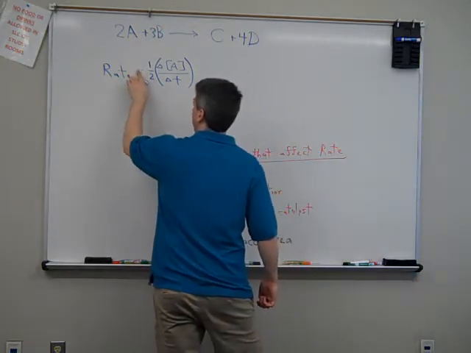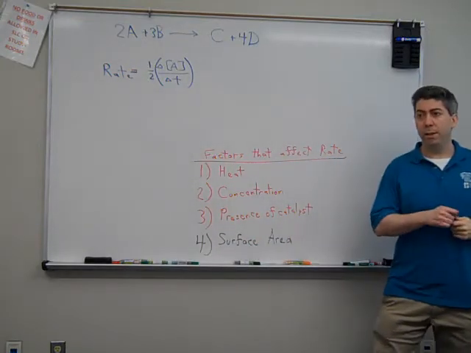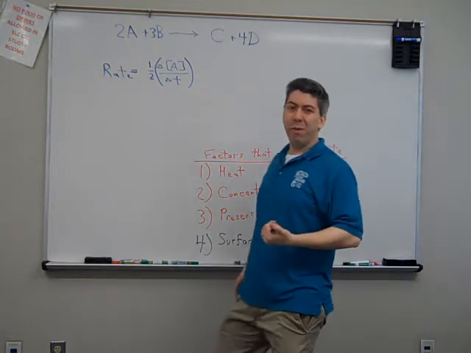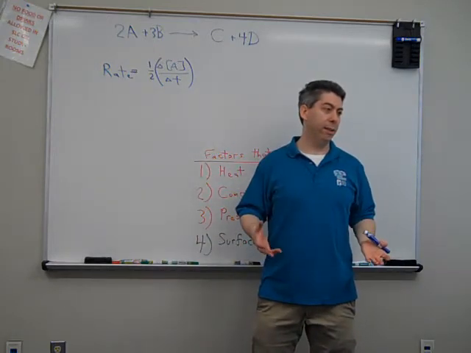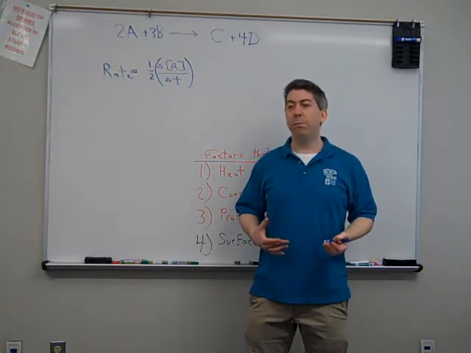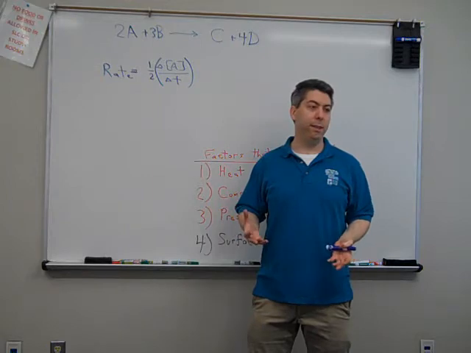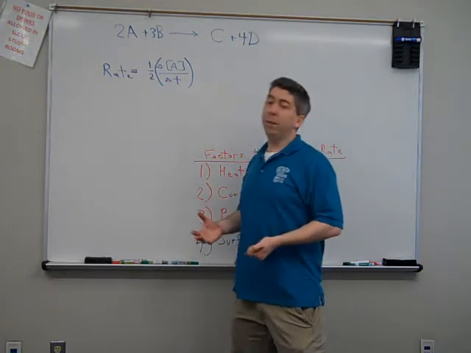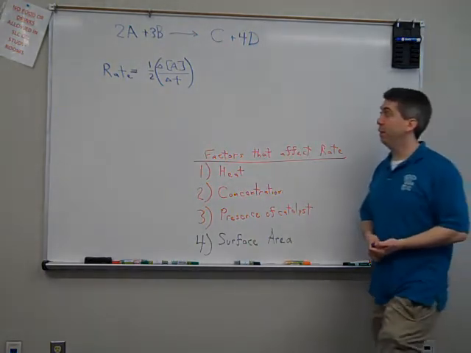Now here's the thing though. Another thing chemists thought about is that we don't want a negative rate. You can't have negative 1 mole per liter reacting per second. That doesn't make any sense, right? We have to have a positive rate of reaction.